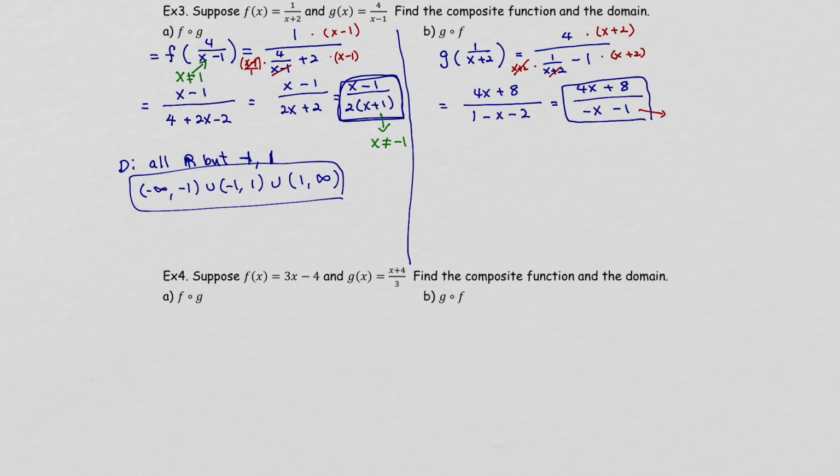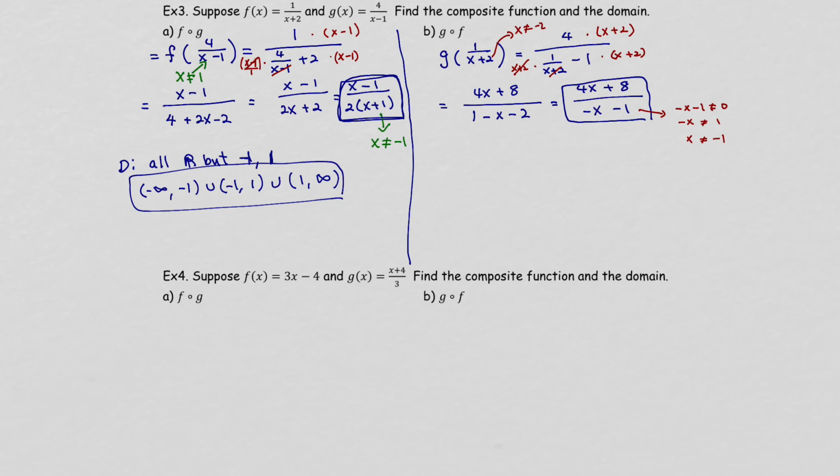But if I wanted to find the restriction of the denominator, you get negative x minus 1 cannot be equal to 0. So x cannot be equal to negative 1 from your composition function. Your inner function restriction is x cannot be negative 2.